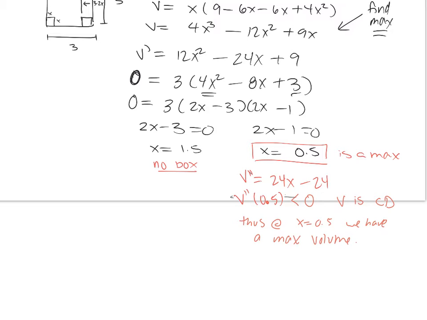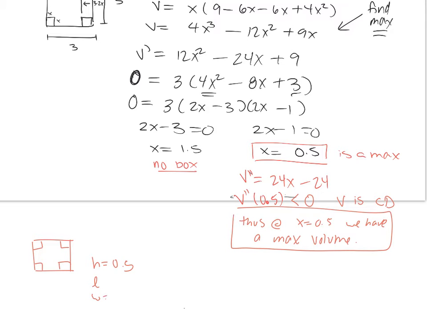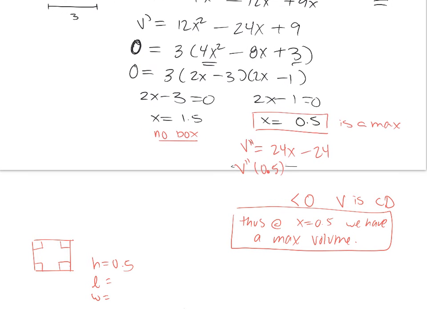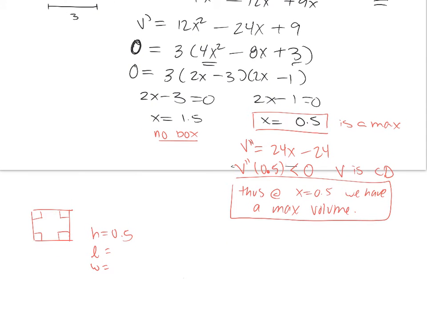And did the question ask for how you're going to cut it? The question said find the volume that that box would have. Plug in x. Or you can just think about what it would be. If you took out 0.5 from each corner, your height's going to be 0.5, right? What's the length and what's the width in that case? You've taken out 0.5, so it was 3 to begin with, right?